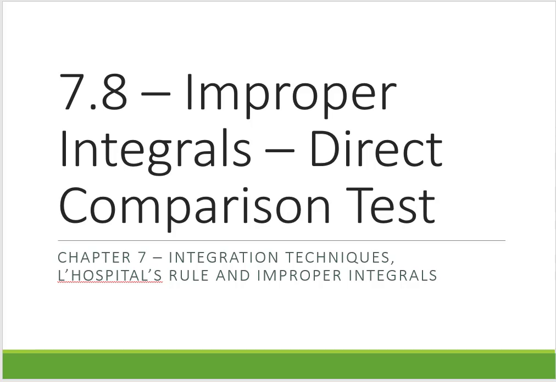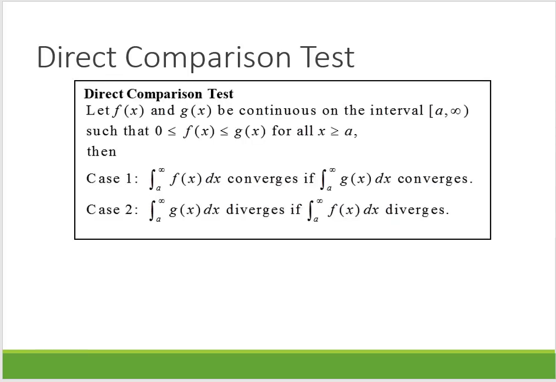What the direct comparison test says is you have two continuous functions on your interval where you're taking the integral, and you have one function that is less than another one. Sounds a little bit like the squeeze theorem to me.